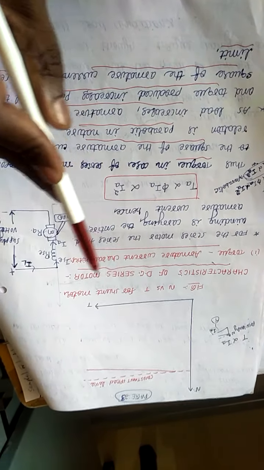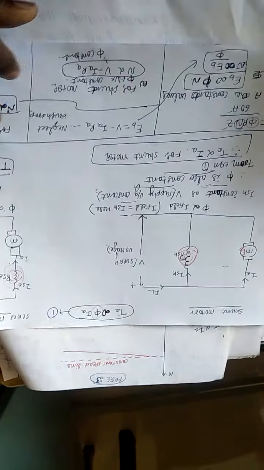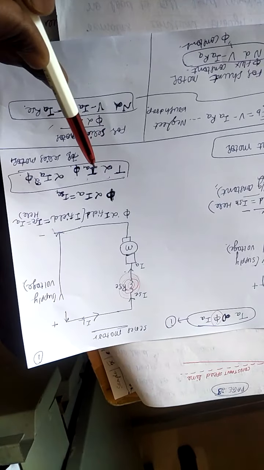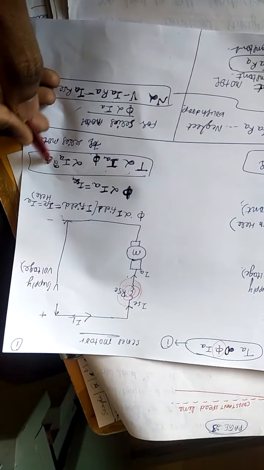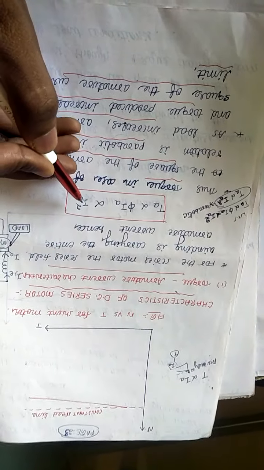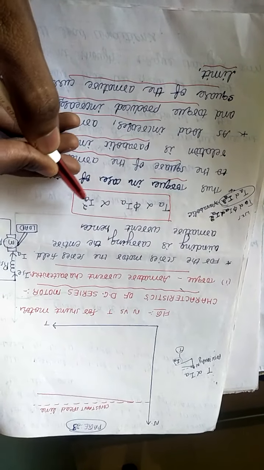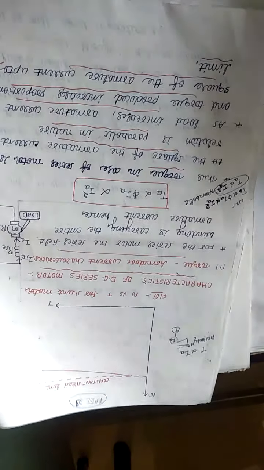Now if we come to the DC series motor, what is the torque equation we have derived? The torque is directly proportional to Ia squared. Here you have the square term. If you have the armature current square term, the curve will be parabolic in nature with respect to torque.